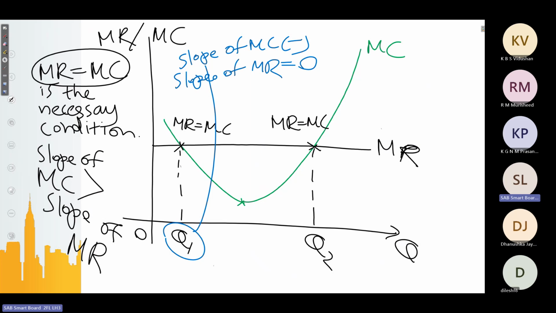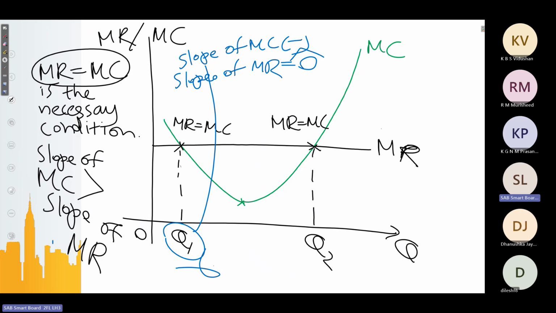Which is greater, 0 or negative? 0 is greater. So is this second condition satisfied over there? What is the second condition for profit maximization? Slope of MC should be greater than slope of MR. Do we see that condition satisfied here? No. The opposite is here. So this is not profit maximizing.